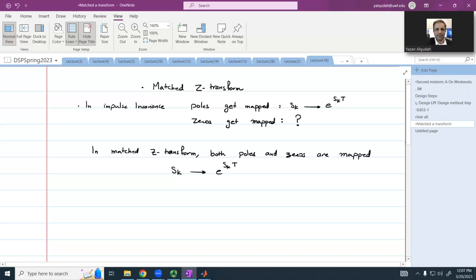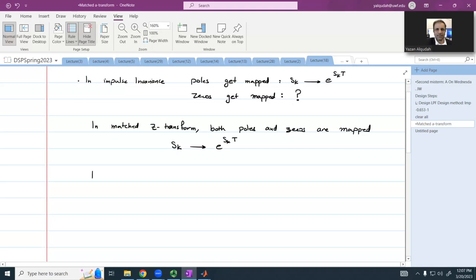So if I have a continuous filter, H of S, in general written in factored form as the product from i equal 1 to Q of S minus Si, divided by the product from 1 to P of S minus Pi, then we map this filter by mapping the poles and the zeros.